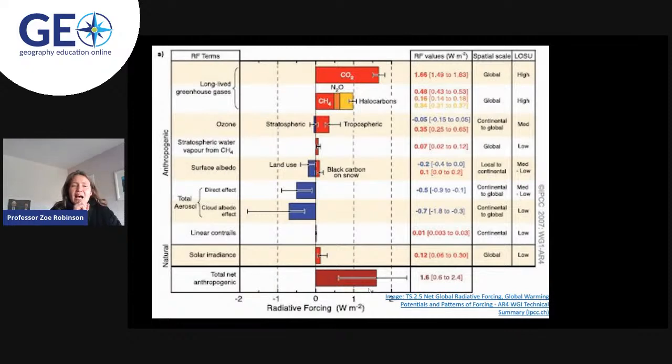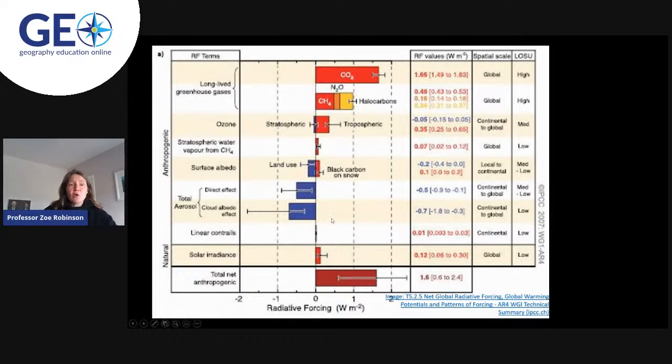It shows whether we have forcing of climate in a positive warming direction, which is right of that zero marker, or forcing of climate to cause cooling, which would be left of that marker. Each of these rows down this graph represents a different forcing factor of climate. So there are lots of different things that affect climate or global temperatures.